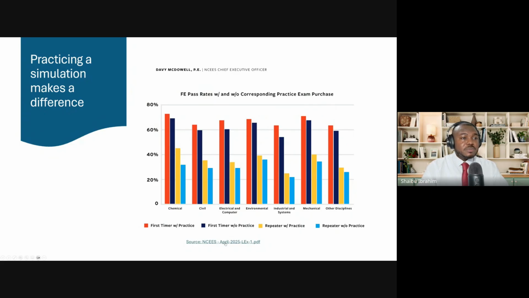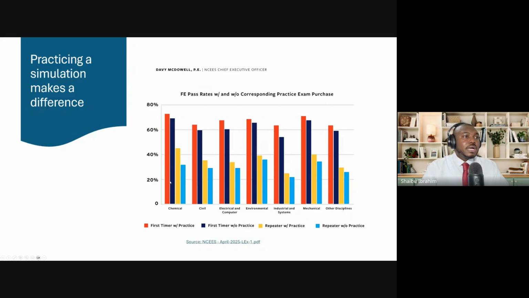And so NCEES put out a report, and this report shows that they're comparing the first time taker with practice, and then also first time taker without practice, repeat taker with practice, and repeat taker without practice. And this is in line with the simulation that they have on their website.